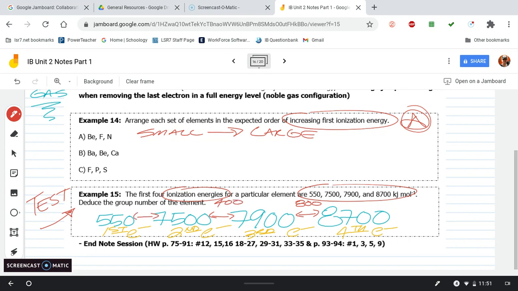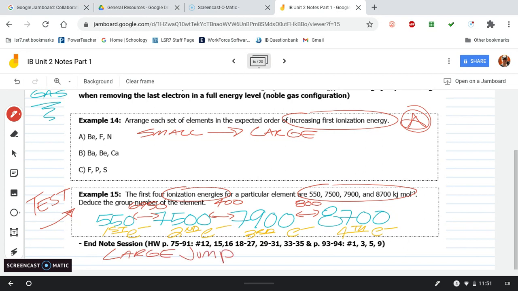But look at that. That difference is massive. You want to look at that and be like, man, that is almost 7,000, right? It's like 6,950. That is a huge jump. So what you're looking for is the large jump.